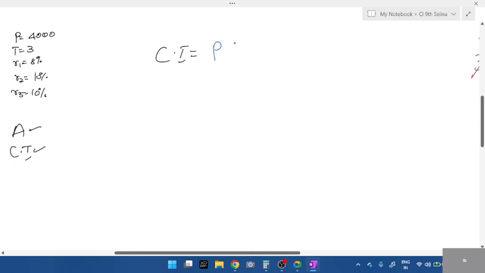To the power of n. After that, minus 1. Or what's the other one I told? P into (1 plus r by 100) to the whole power n minus P. Whenever P is given, use this one. Don't use minus 1. This is very easy.